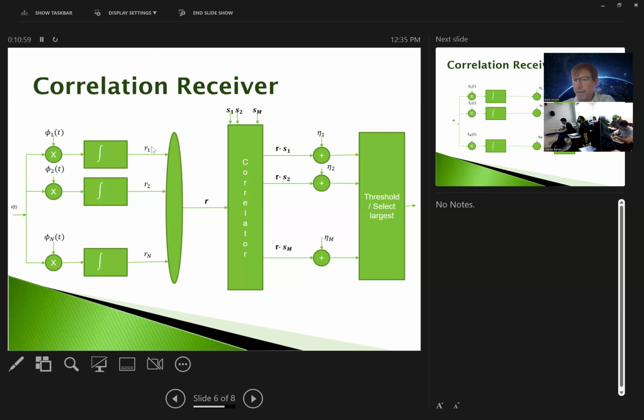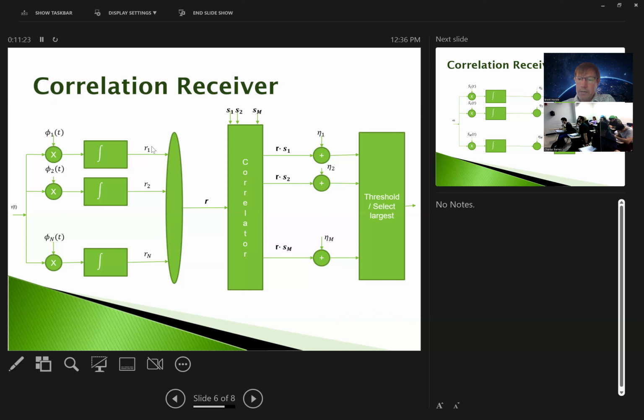So u sub x represents the x-axis, but it's normalized to have a length of 1. And u sub y represents the y-axis, which in a Cartesian system is orthogonal, or perpendicular, to the x-axis.